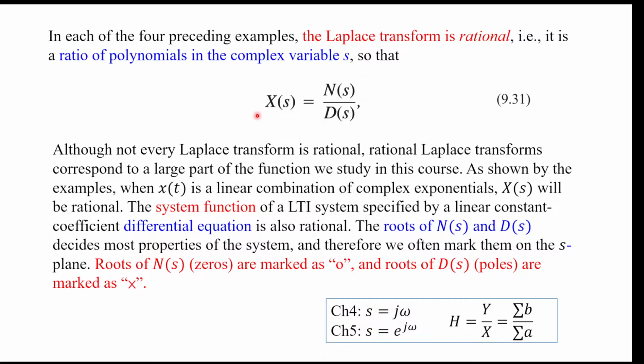Remember, in chapter 4 we have some Fourier transform as a rational function of j omega, and in chapter 5 we have the Fourier transform as some rational function of e to the j omega, and then we have big H as a rational function because it's big Y divided by big X, and when we solve those linear equations, it's summation of B terms over summation of A terms. Okay, so this is a small reminder of what kind of rational functions we have seen.